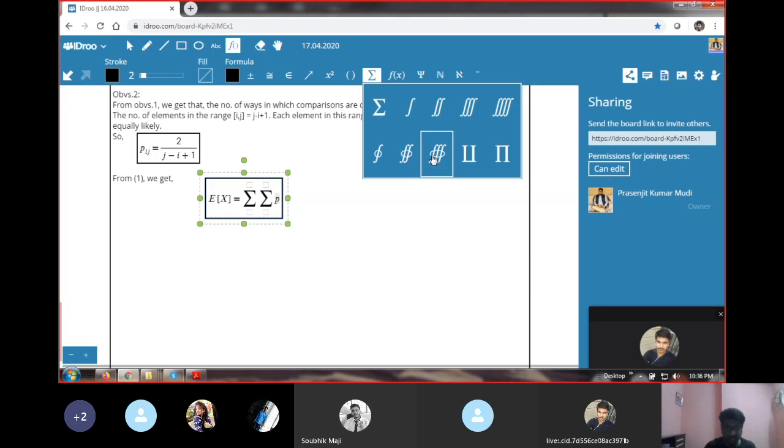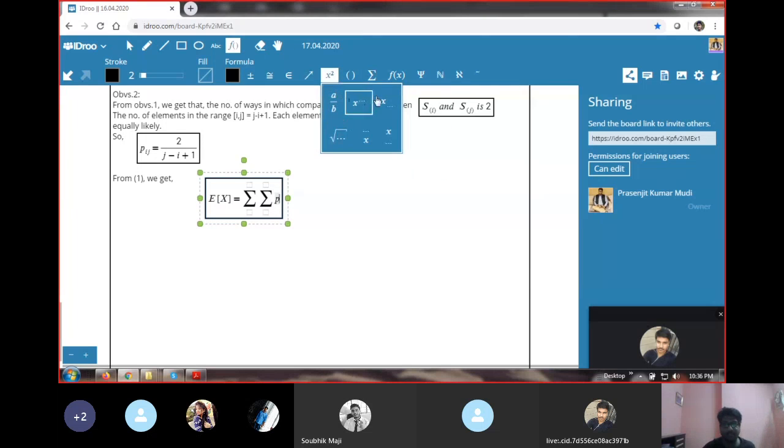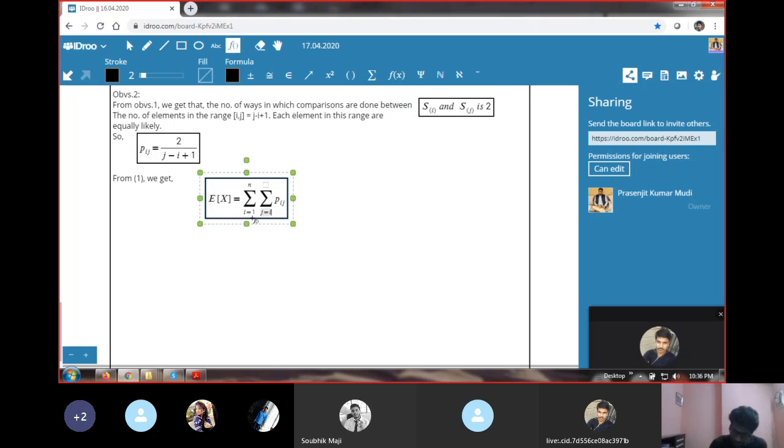I am not writing that again, I am directly writing Pij. This is i equal to 1 to n, and j greater than i, meaning j equal to i plus 1 to n.